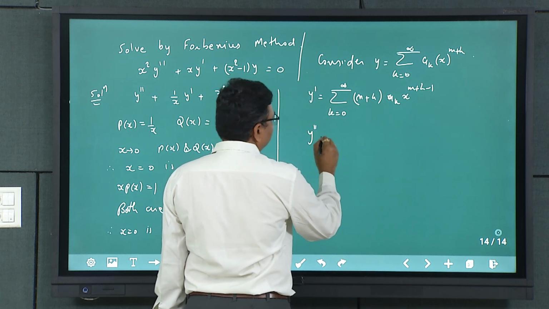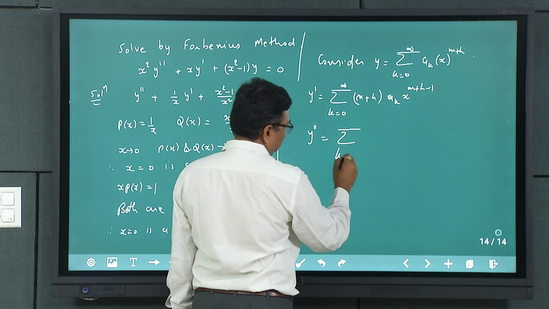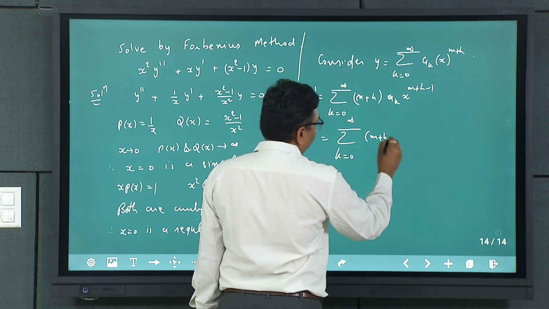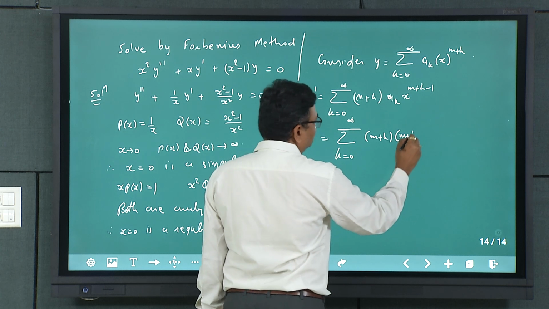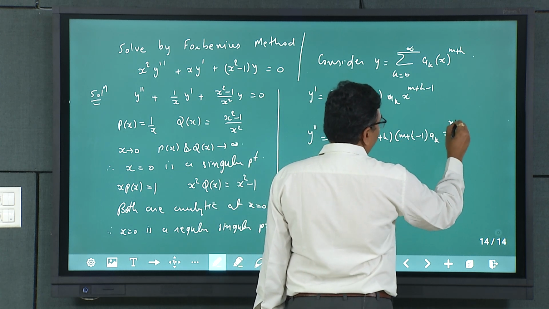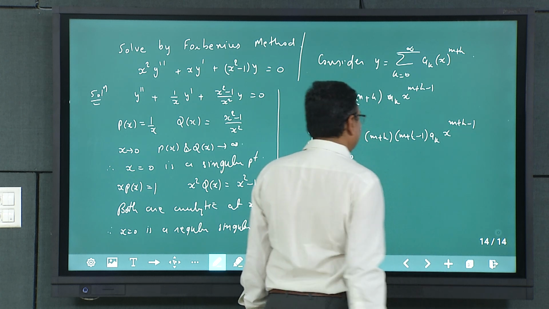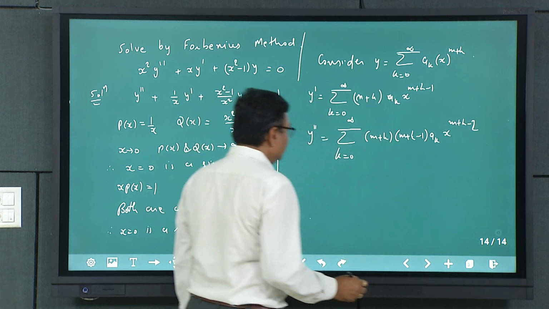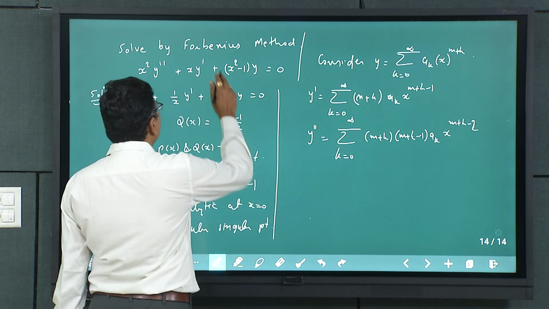Y double dash is equal to sigma k is equal to 0 to infinity m plus k into m plus k minus 1 ak x raised to power m plus k minus 2, right. So now put all these values in this equation.